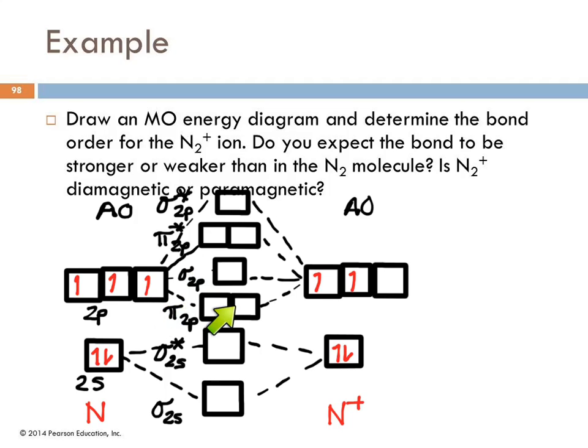This orbital and these two are switched because it's nitrogen. Be careful now. You have to switch these bottom two. The top two stay the same, these two s orbitals stay the same.